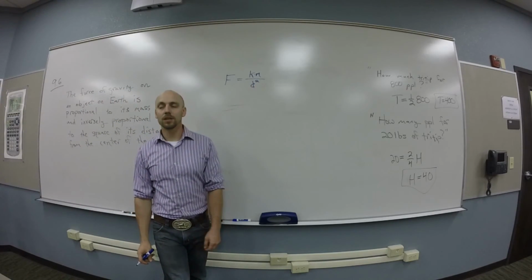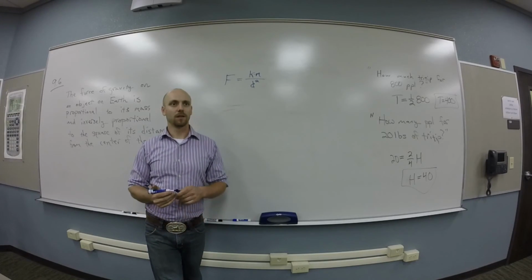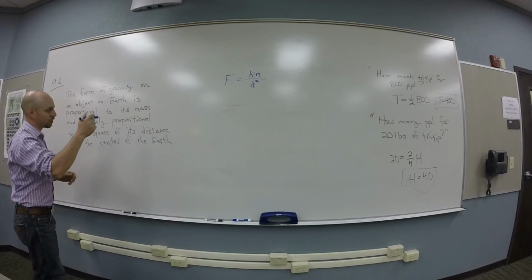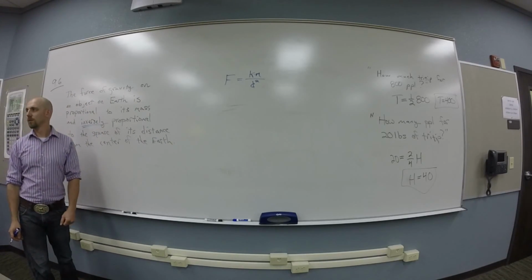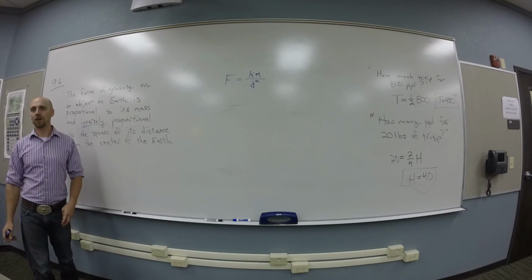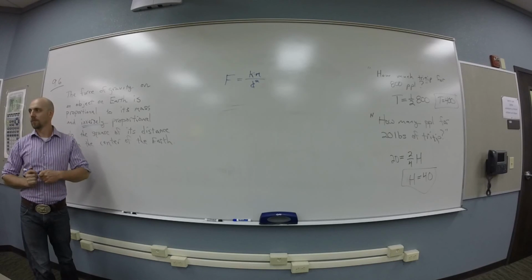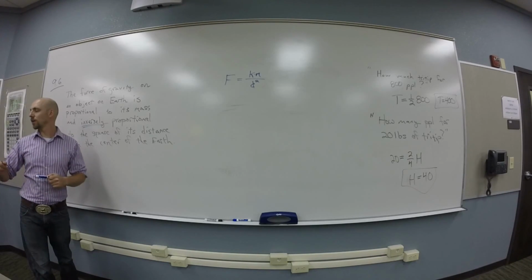So I've got F is km over d squared. The thing I want you to take from this is that inversely means division, on the bottom. Inversely proportional is instead of multiplying by it, you divide by it.